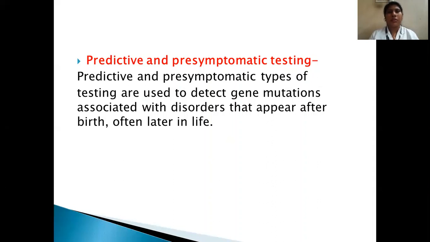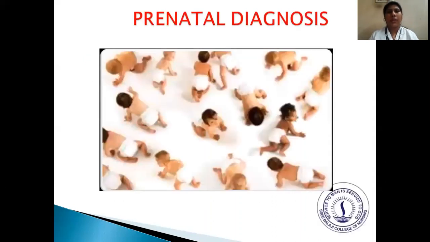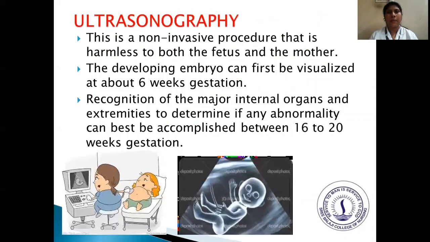Next we will see prenatal diagnosis. First, how do we do prenatal diagnosis? We do ultrasonography. This is a non-invasive procedure that is harmless to both the fetus and the mother. The developing embryo can first be visualized at about 6 weeks of gestation.